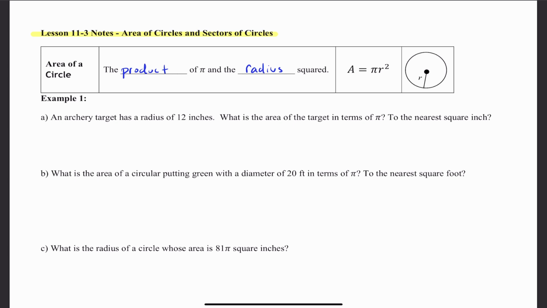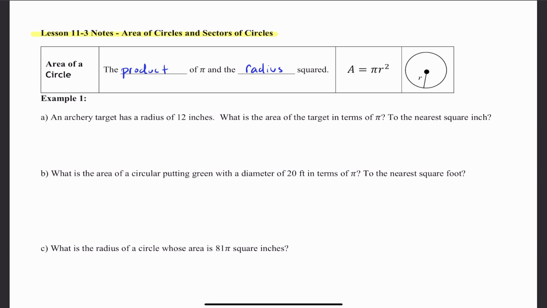I'm finding the perimeter of the circle. And to do that, we just use the formula C equals 2 pi r, right? But this time around, we are trying to figure out how much space a circle can take. And that's essentially using the formula A equals pi r squared, where r represents the radius.